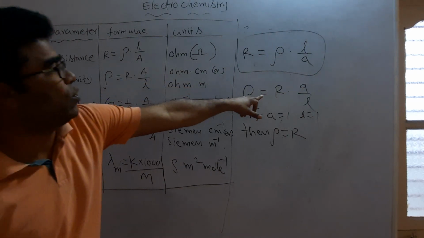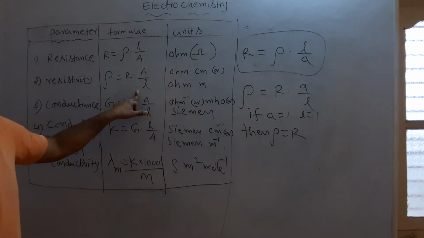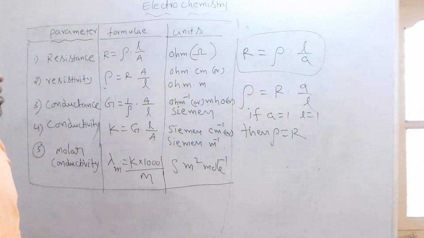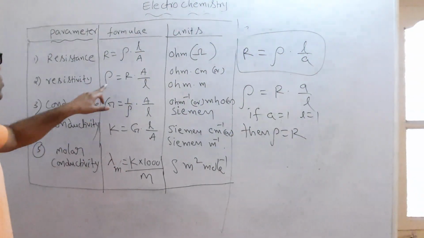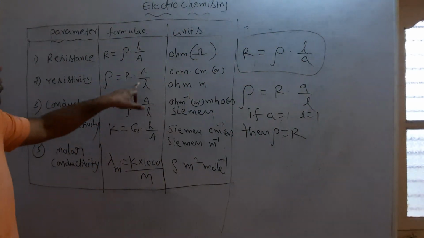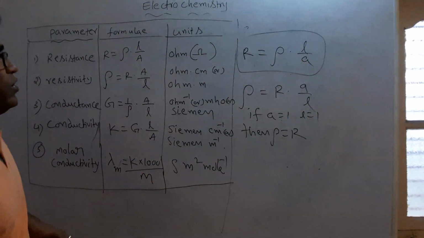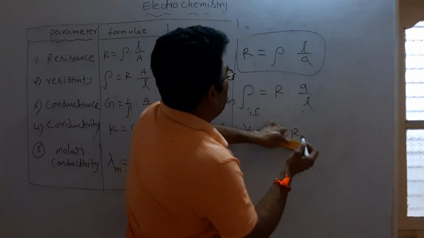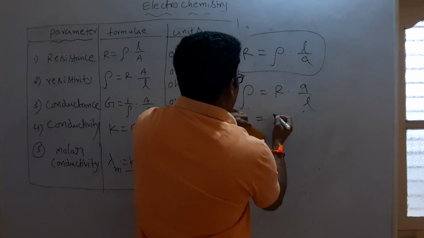So rho equal to R into A by L. Anything you use, either capital letter or small letter, nothing wrong. Now units, you know very well that units for R is ohm.